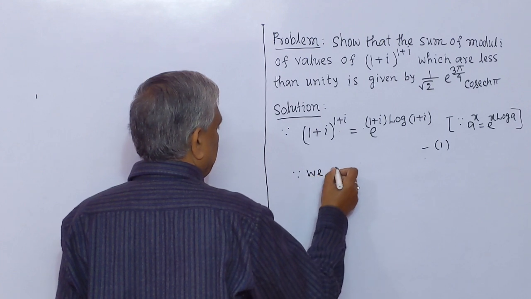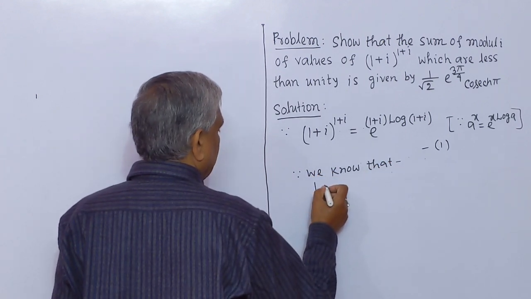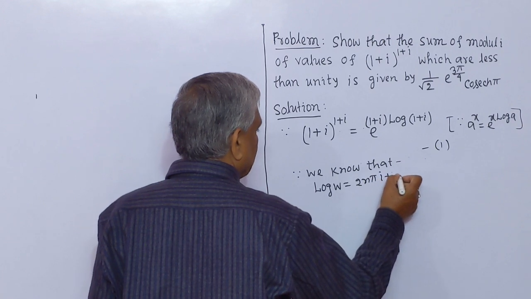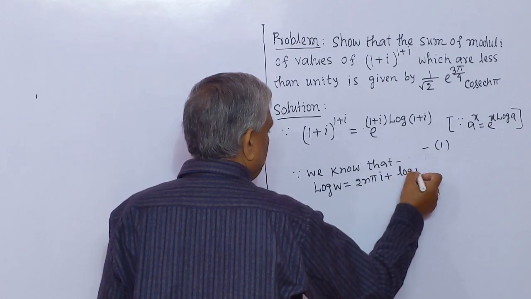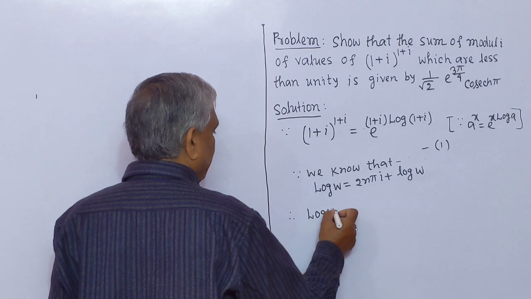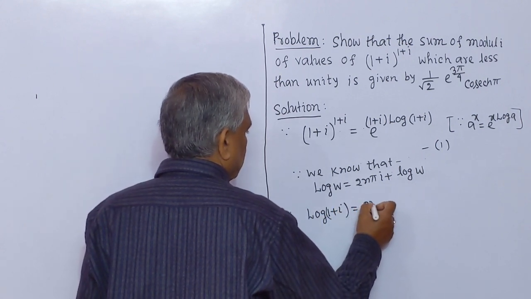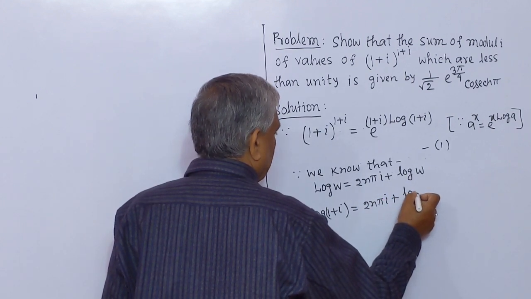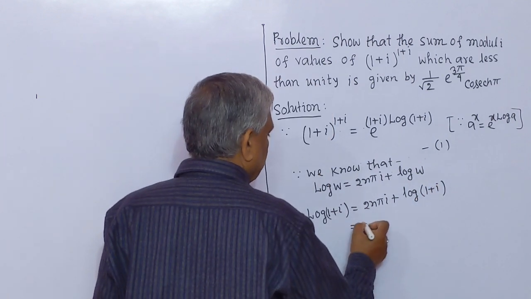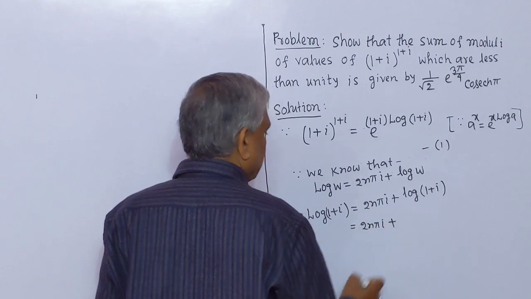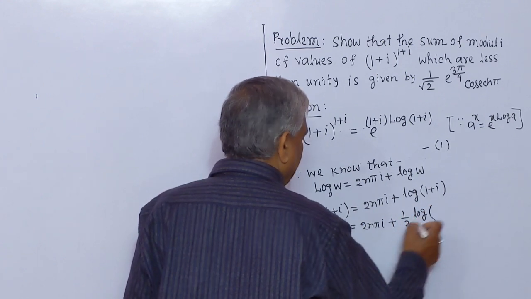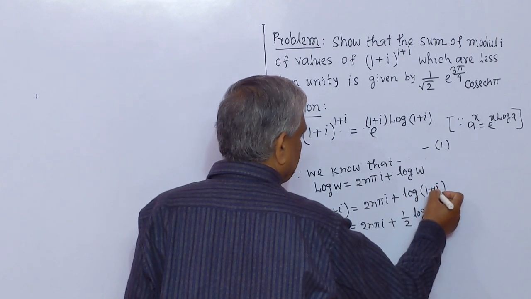Since we know that capital log w equals 2n pi i plus small log w, therefore capital log (1 plus i) equals 2n pi i plus small log (1 plus i), and this will be equal to 2n pi i plus half log (alpha square plus beta square), where alpha is 1 and beta is 1.